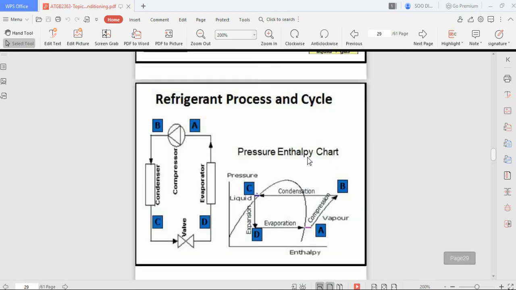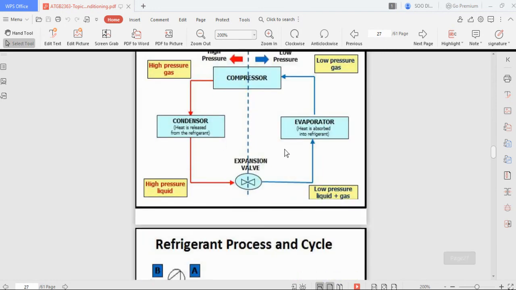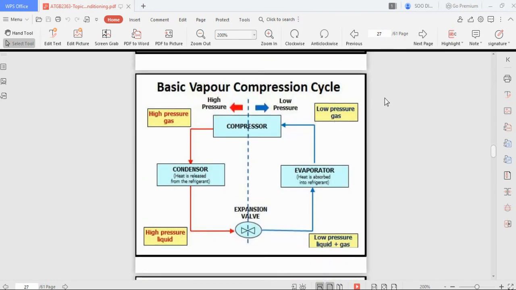To summarize, the refrigerant cycle is basically this diagram, so you need to remember it. Like ventilation, it deals with high pressure and low pressure. Remember that not every gas is suitable for this cycle, because you want to easily compress the refrigerant gas from low pressure to high pressure.